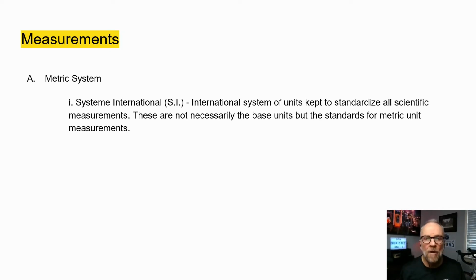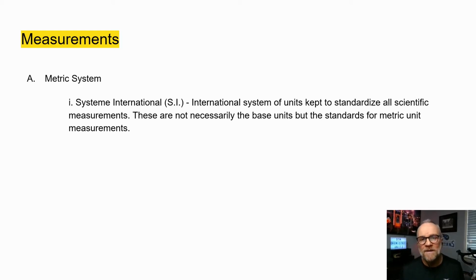SI units are an important part of the metric system. They're called Système International, and these base units, or these standards of measurement, are kept in France, and it's an important way of having a standard that everybody uses when they're making these scientific measurements. It's super important to be consistent, and so they have the standards that everybody uses to make up their equipment while they're doing measurements.